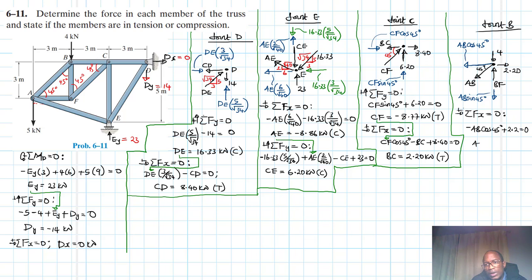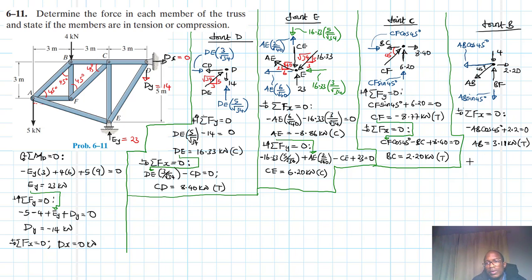Therefore, our AB is just going to be equal to 2.2 divided by cos 45. So this gives us a 3.11 kilonewtons, and it is in tension.